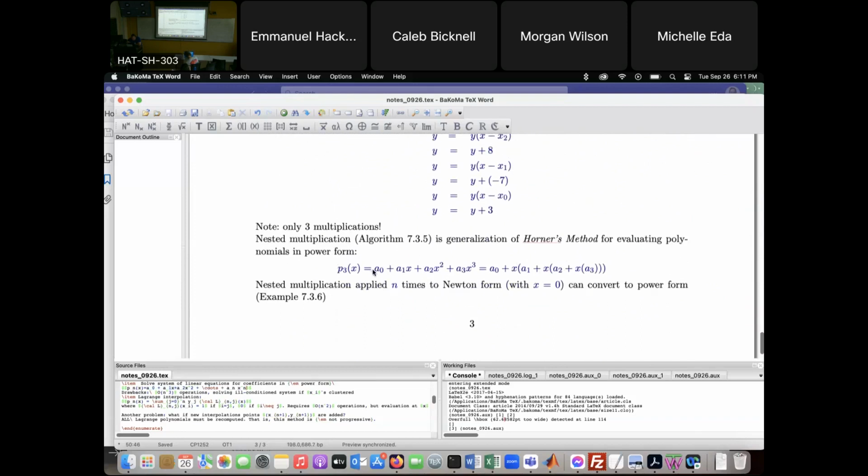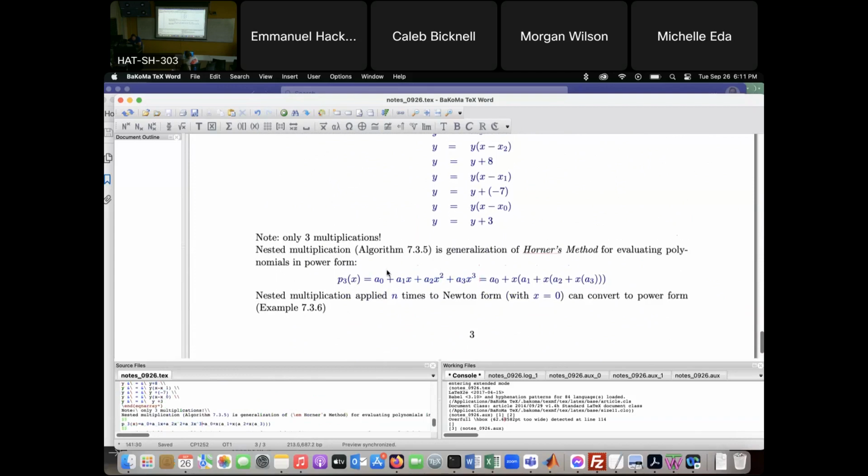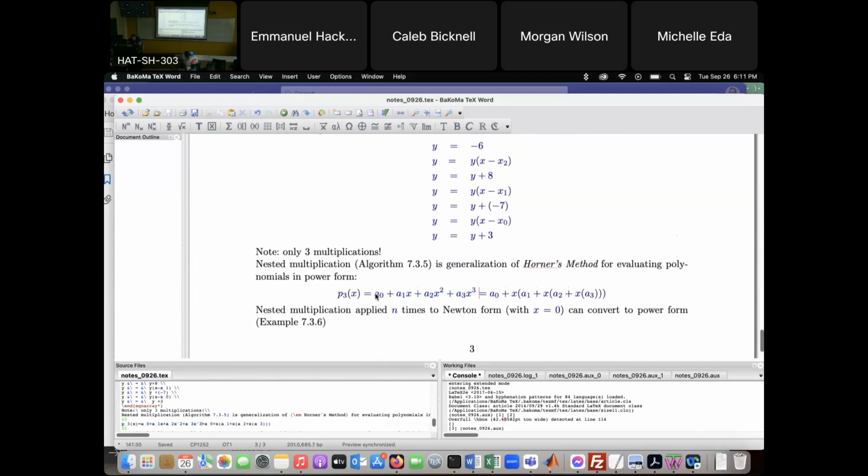So here's a polynomial in power form, the cubic. And I use the same principle, that after I separate a naught, all these other terms have x as a common factor. So I factor out the x. And so on. So here we have Horner's method for evaluating a polynomial in power form.